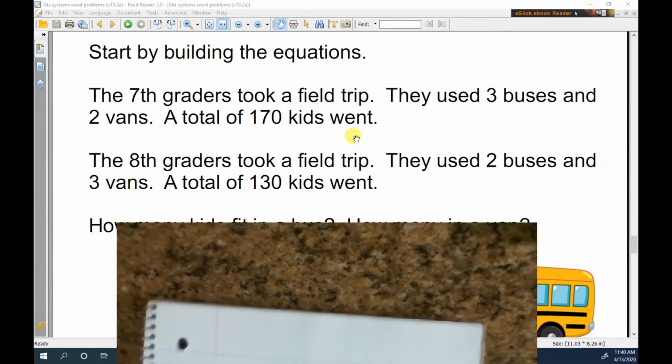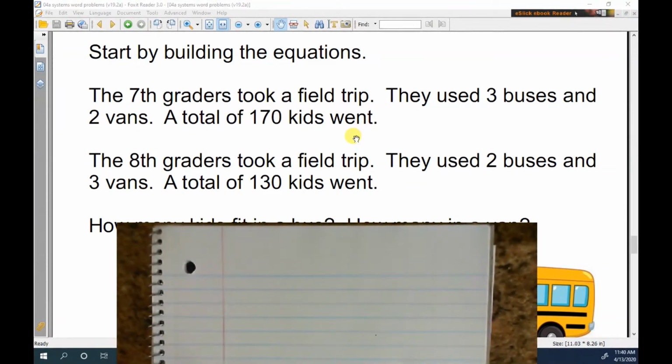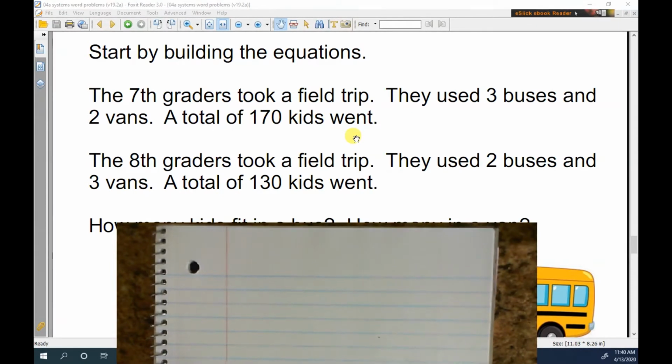The 7th graders took a field trip. They used 3 buses and 2 vans, and a total of 170 kids went.